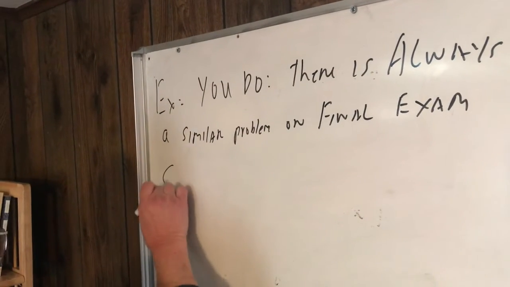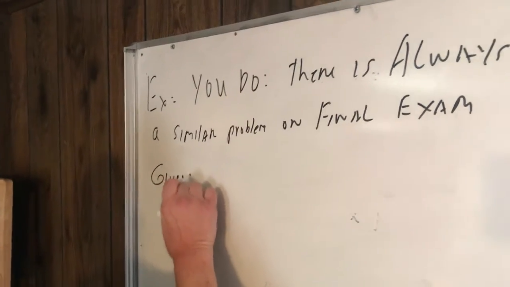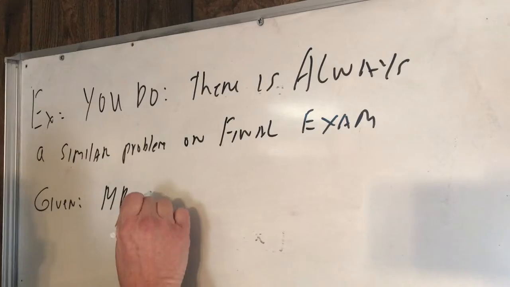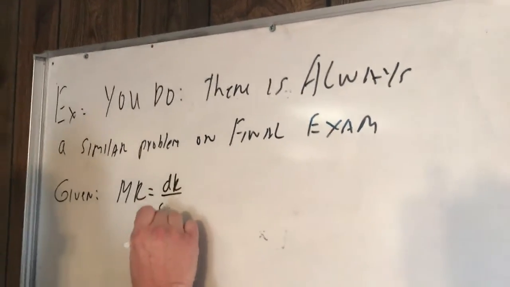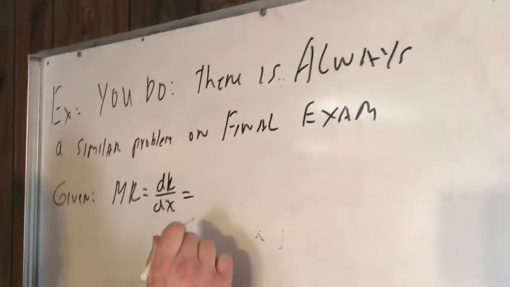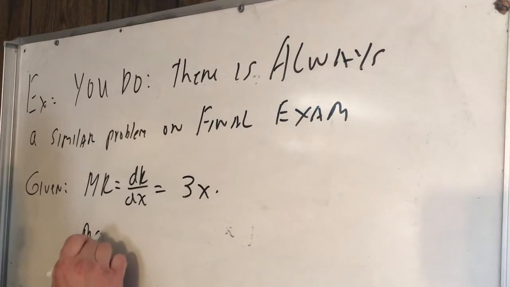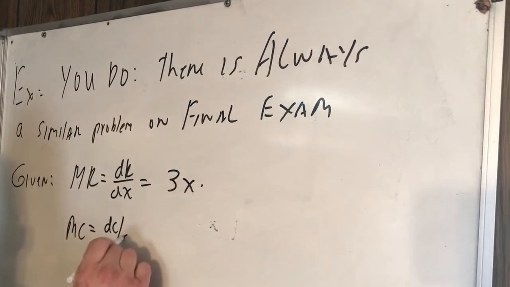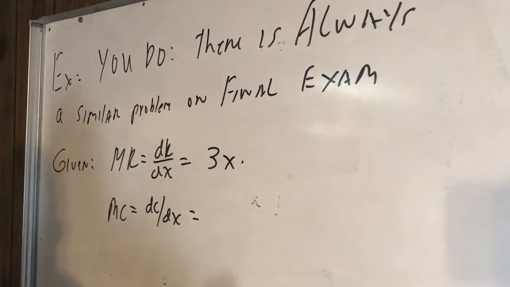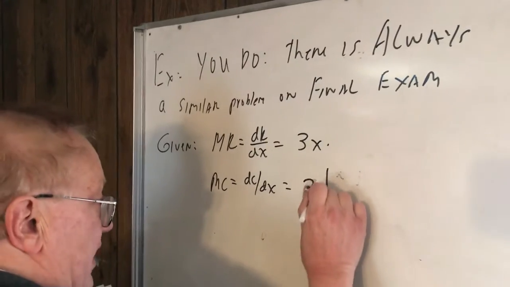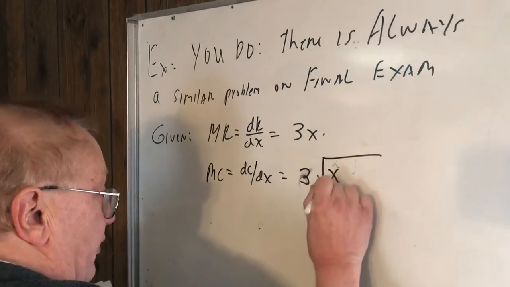I am given, for a company, the marginal revenue, remember this is dR/dx, equals 3x. I'm assuming that the marginal cost equals 3 times the square root of x plus 4.